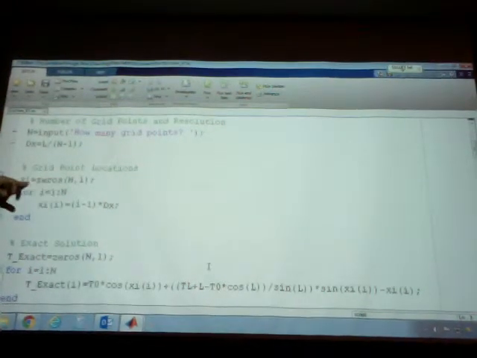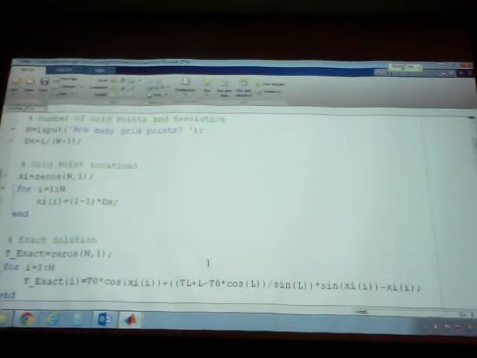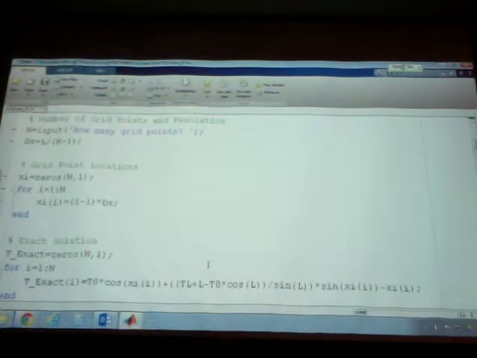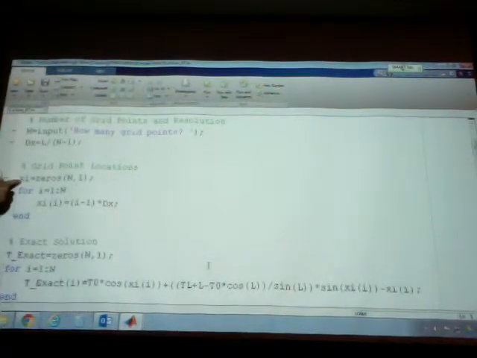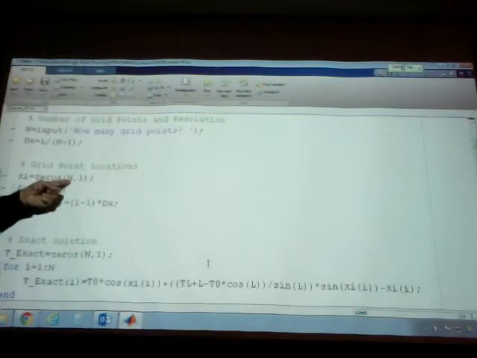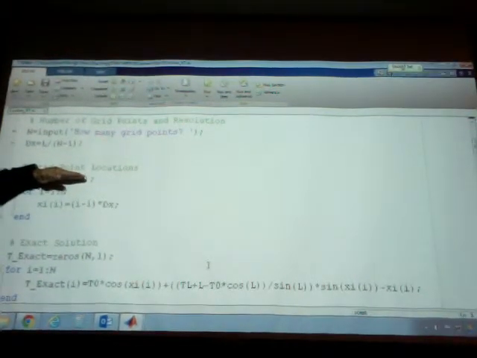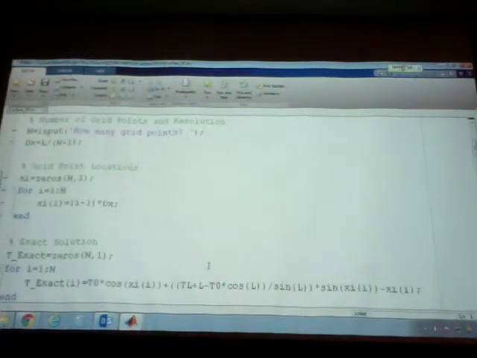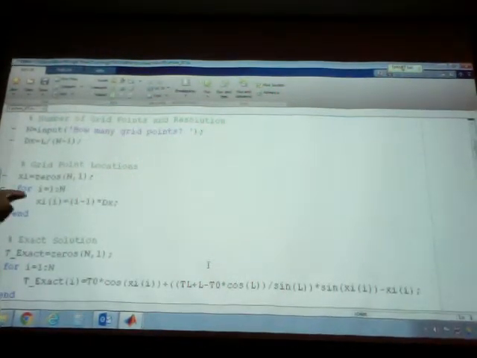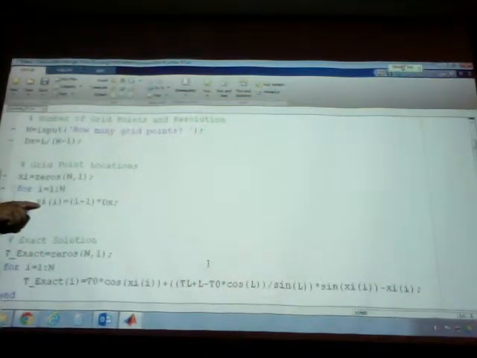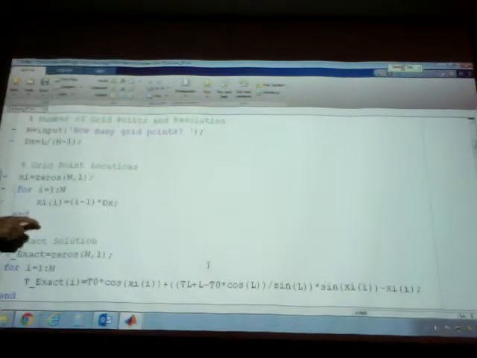I don't care about the zeros because I'm going to fill it with real numbers, but by doing so, I'm predetermining the size of xi, which is n. If you don't say this, you still get the right answer, because you're going to fill it right down here. You're going to do a loop from 1 to n, and the ith element of xi is going to be i minus 1 times delta x.